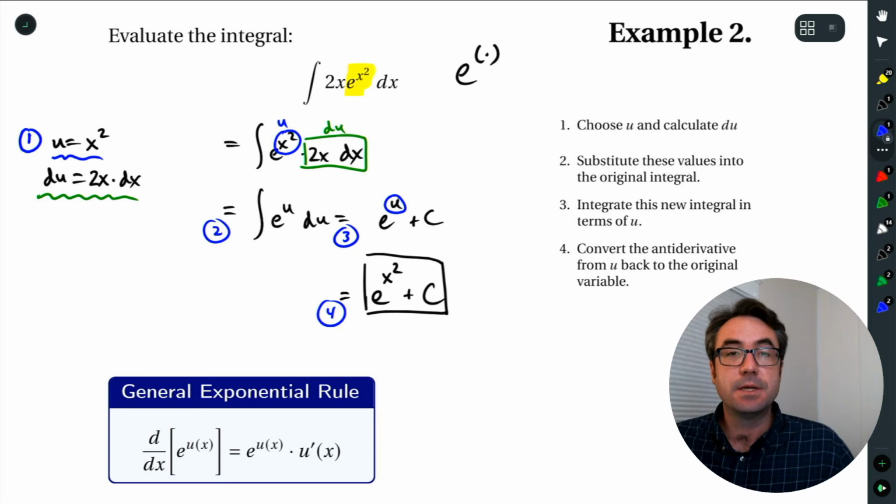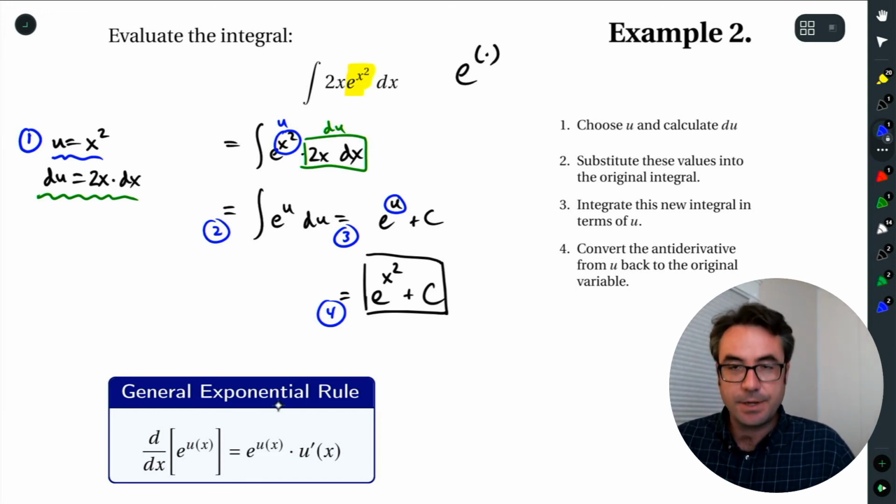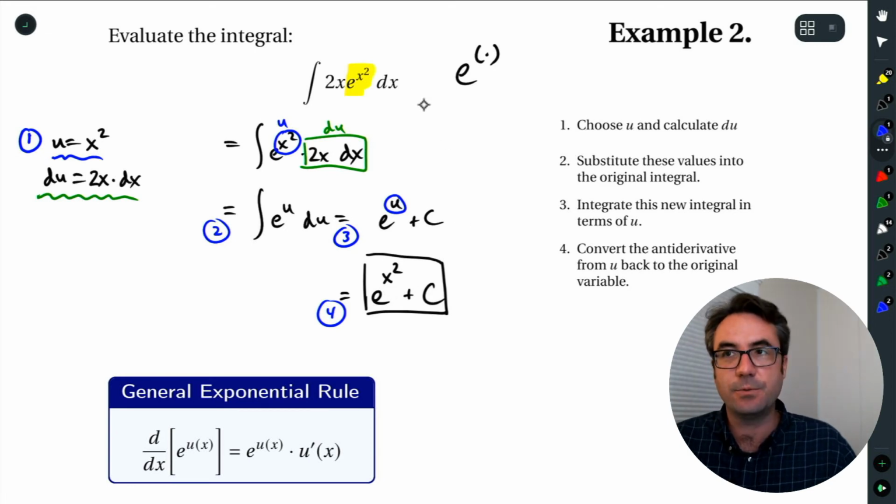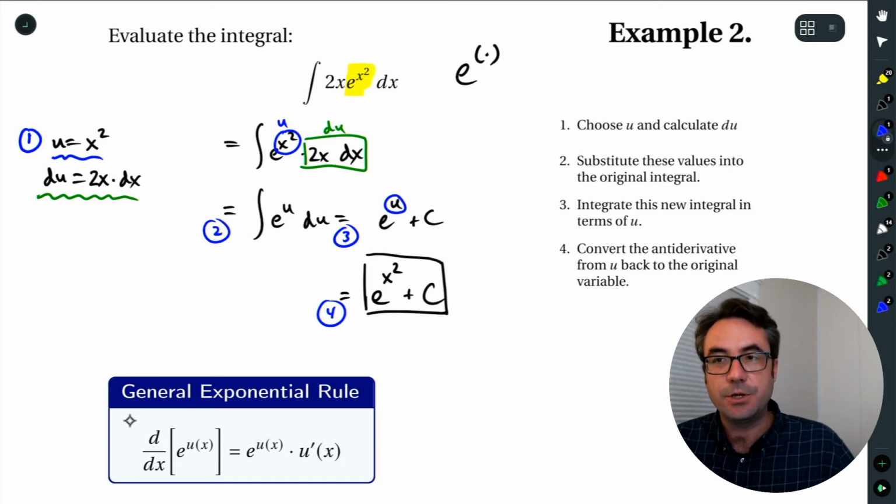All right. So that's how this works. And we can always check our work. If we wanted to make sure we did this correctly, we could differentiate our answer. And if we differentiate it, we should get back to where we started. The way we would do that, this is a special case of the chain rule. We could use the general exponential rule to help us differentiate.